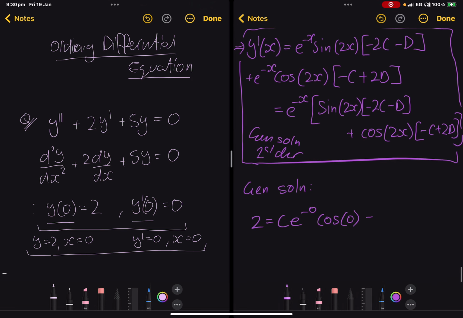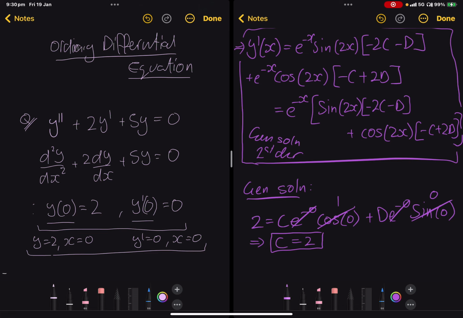Now, conveniently, e to the 0 just becomes 1. Cosine of 0 is 1. Sine of 0 is actually 0. So this tells us that c has to be equal to 2 times 1, which is 2. So now we know what c is.